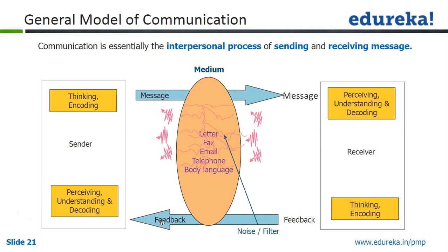So this is a general model of communication, or basic model of communication. This is essentially the interpersonal process of sending and receiving a message. So I give you an example. I am a sender. I think and encode in words, and I send you the message, whatever message I wanted to transmit, through the medium.